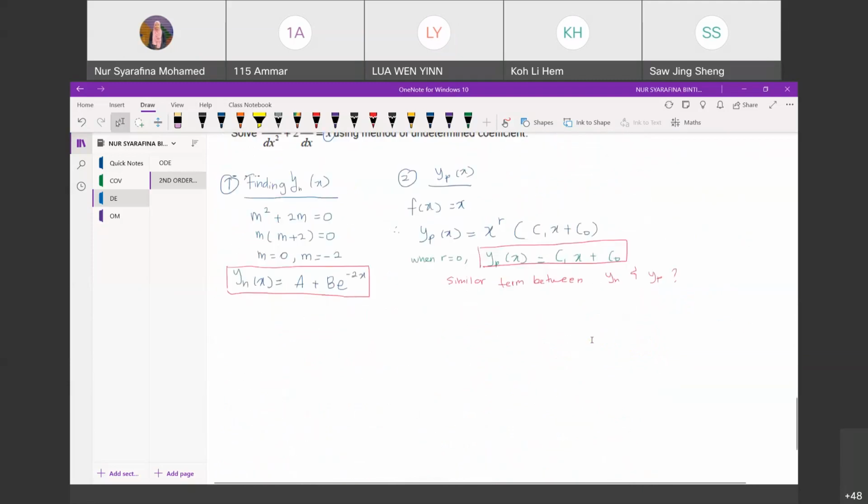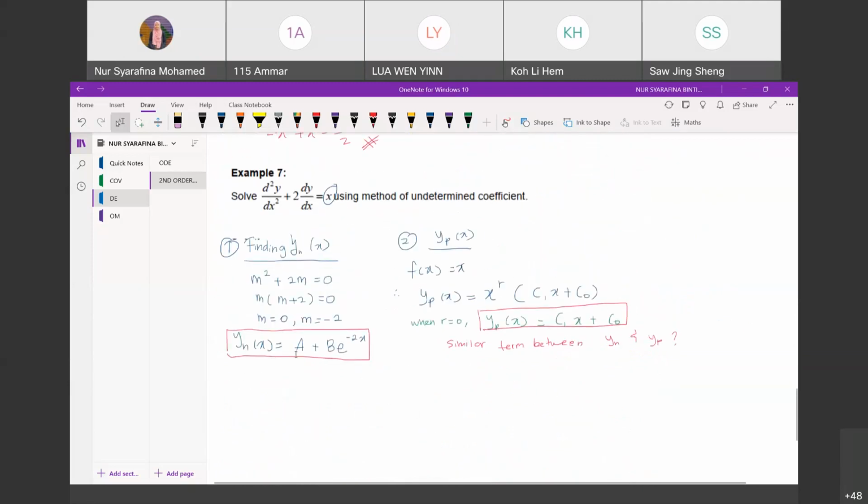But now, we have YH, A plus B e to the minus 2x, and YP, c1x plus c0. This is constant, this is constant. So yes, there is a similar term. If yes, what should you do? You need to proceed with the next value of r.